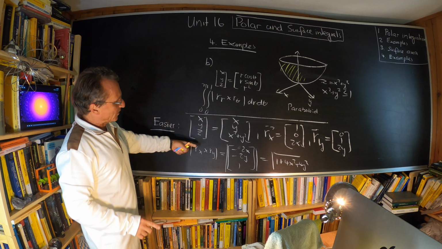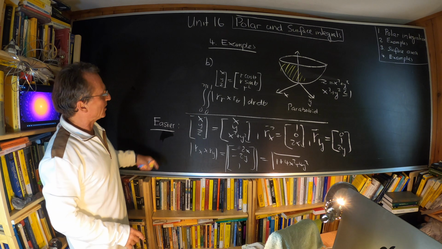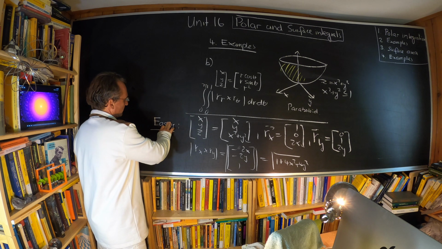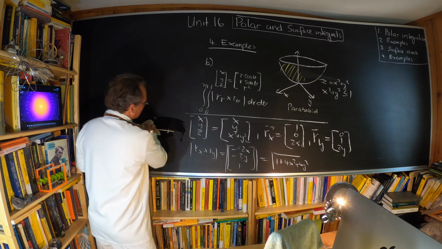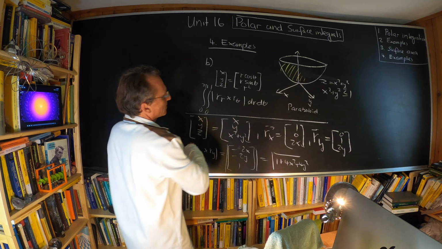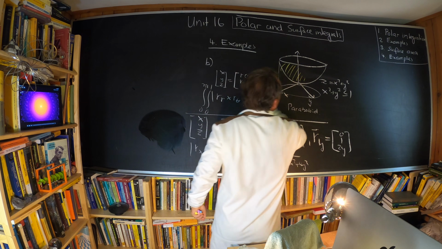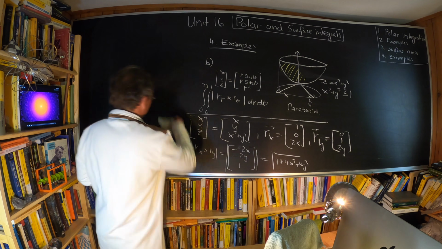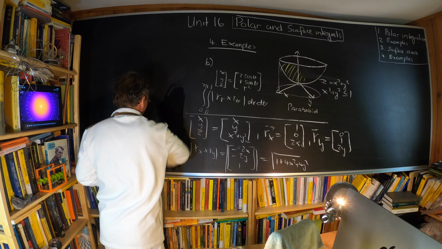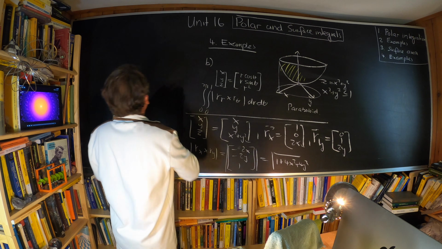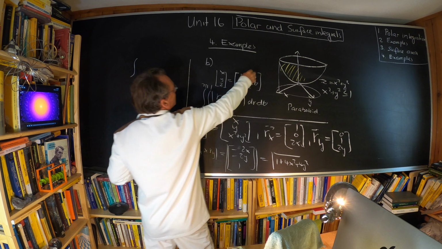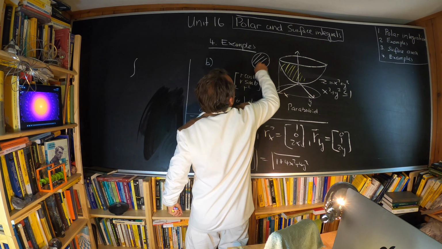And so what we have to do is to integrate that over the whole disk of radius 1. So we integrate over the region R, which maps here.